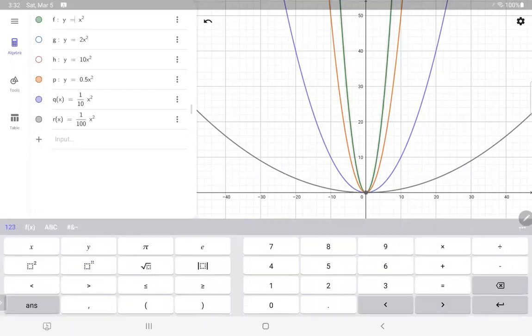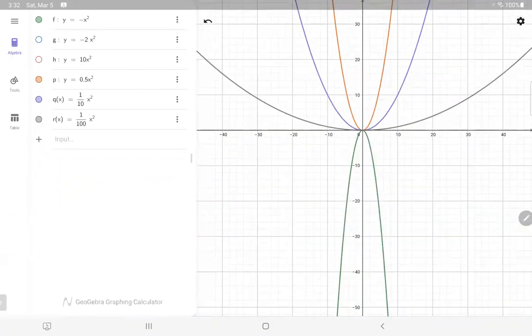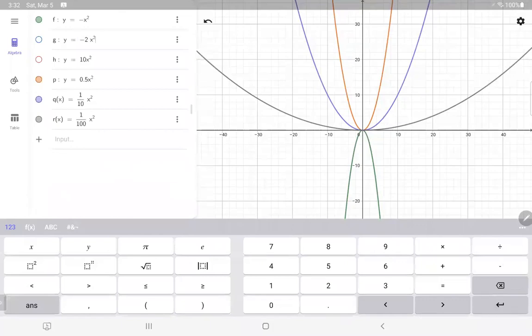Let's apply the negative sign. Negative. Negative. Oh, what's happening?